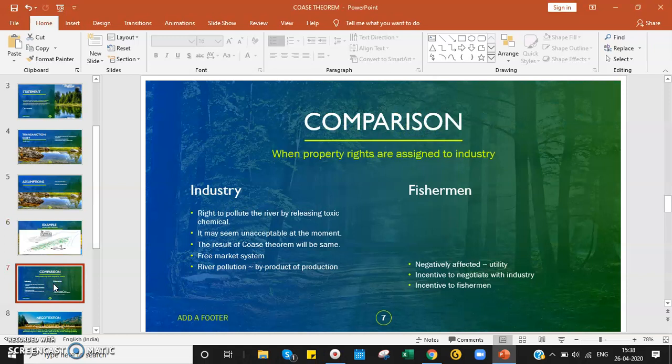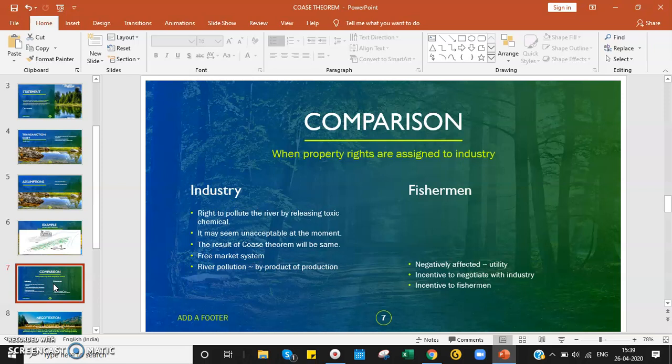The first phase of Coase theorem implementation is that we need to assign property rights. The first condition of implementation of Coase theorem is that the property rights need to be well assigned. So in this case, we are assigning property rights to the industry.